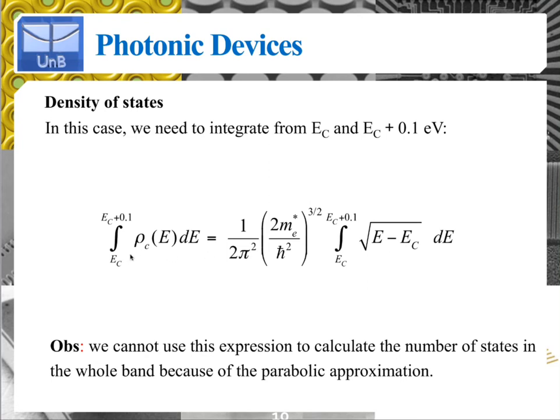So we just plug the density of states into the integral and integrate over the given range from EC to EC plus 0.1 electron volts.